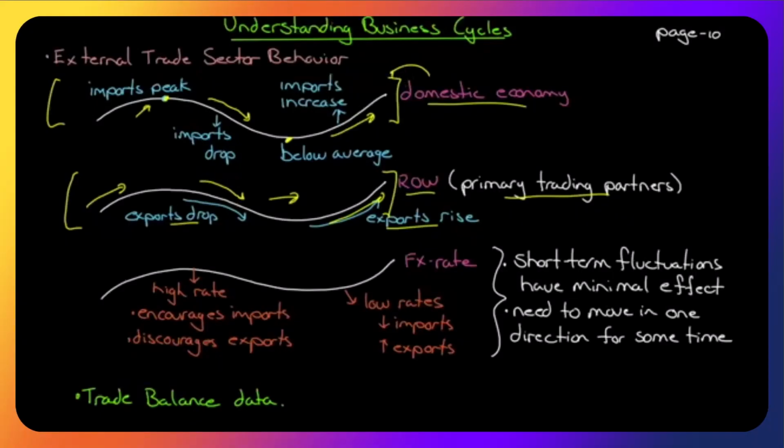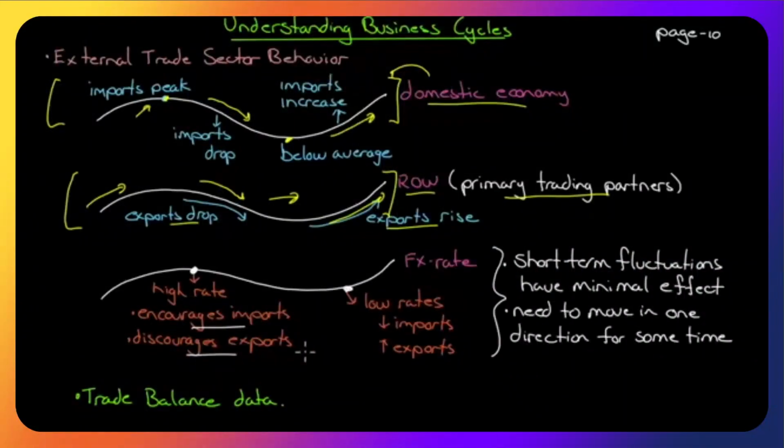Let's look at the role of an exchange rate. And this is not a business cycle. This is just the pathway of the exchange rate. There's a very high exchange rate. There's a very low exchange rate. If we have a very strong currency, that encourages imports because our currency can buy so much more of foreign currencies. The goods in other countries appear cheaper because our currency can buy so much more.